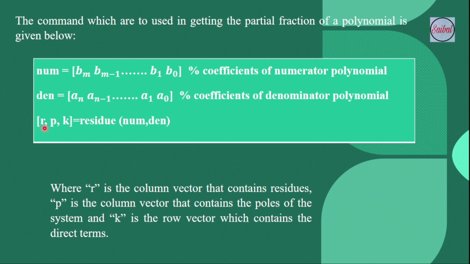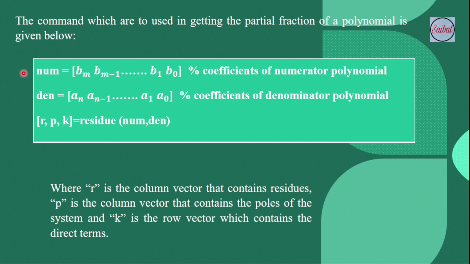So here you can see r comma p comma k equal to residue, bracket num comma den. You have to remember r is the column vector that contains the residues, p is the column vector that contains the poles of the system, and k is the row vector which contains the direct term.